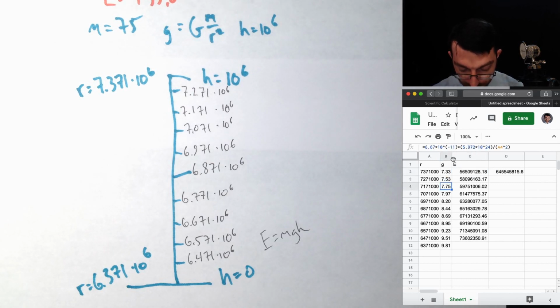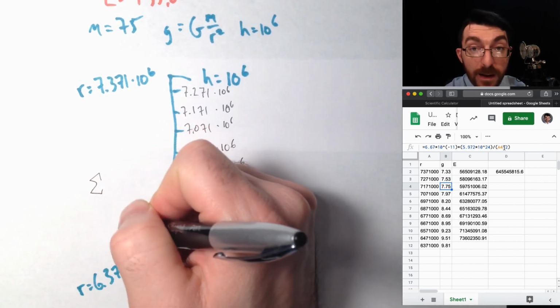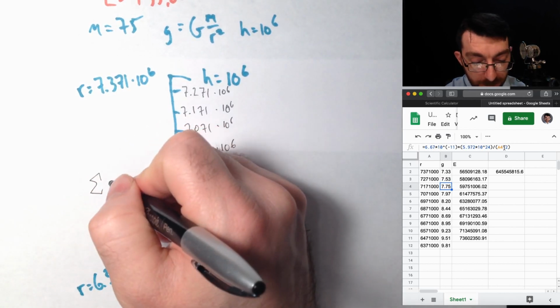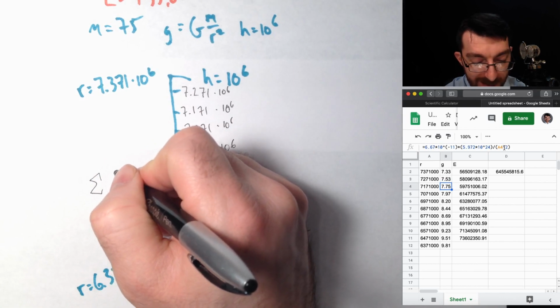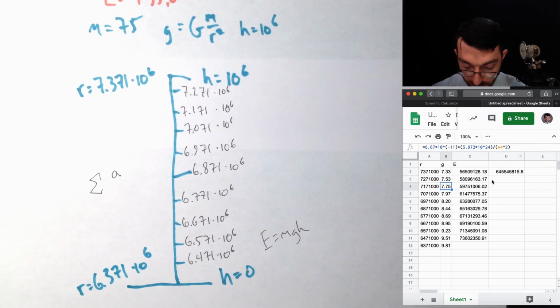This column has a square in its denominator. Now I ask you, if you are adding up a sequence which has a constant, that would be the 75 and the 100,000 and the 6.67 times 10 to the negative 11th, the mass of the Earth, all of those are constants.